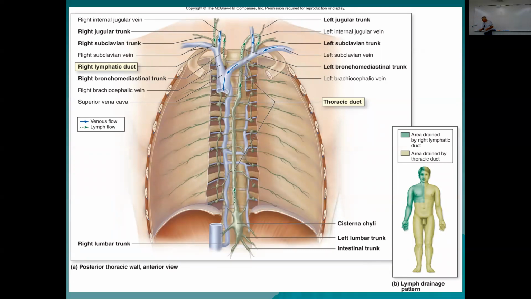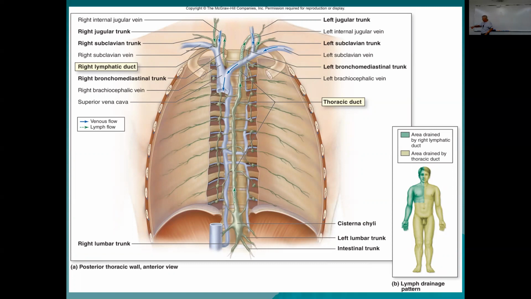This cisterna chyli becomes really, really fatty. If you eat a meal that's got a lot of fat in it, you'll find it really is full of fat, because that's one of the things that lymph does, remember, is carries fat.